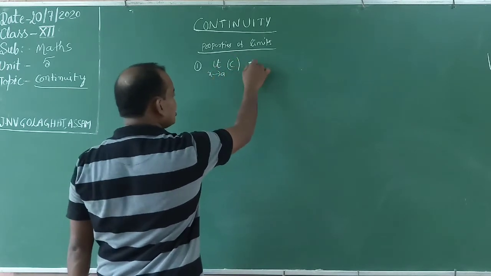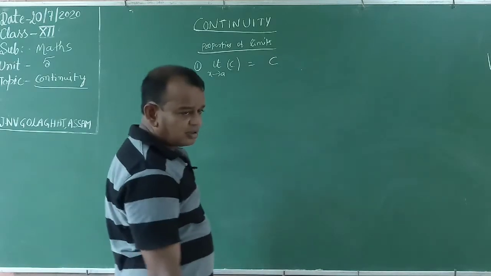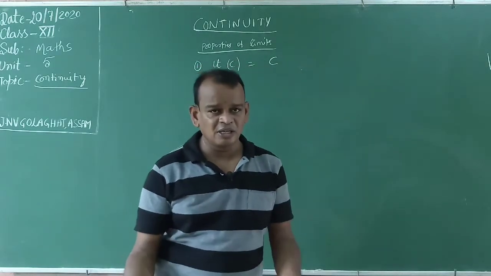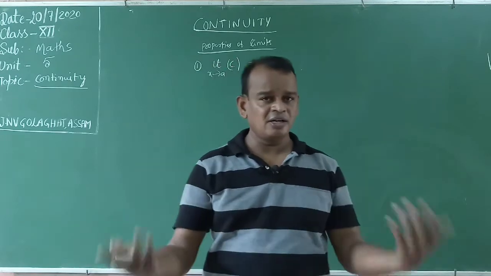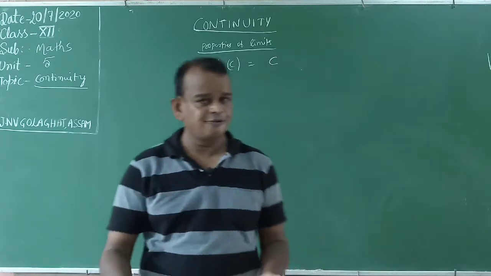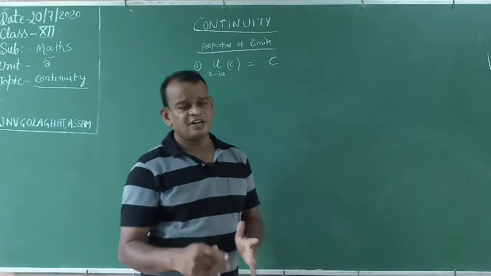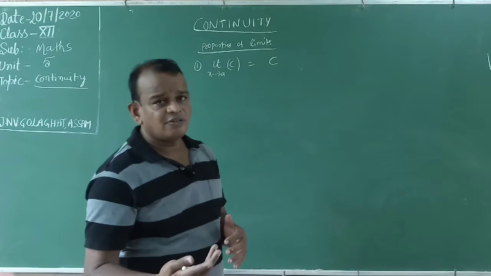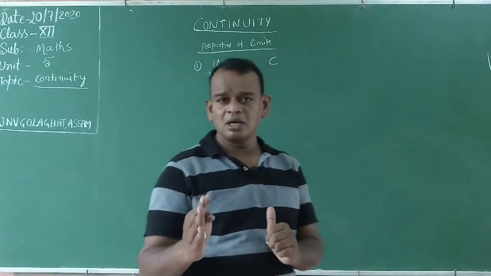First one, limit of the constant, where c is the constant, the answer is c. The limit of the constant means limit of 1, answer is 1, limit of 10, answer is 10. Whether x tends to infinity or whatever may be, compulsory, the limit of a constant value is always equal to the constant only.